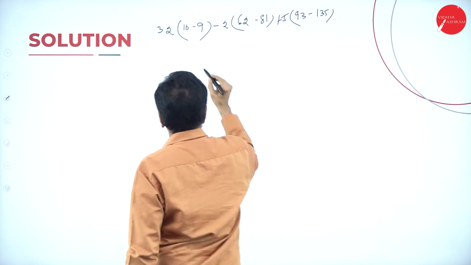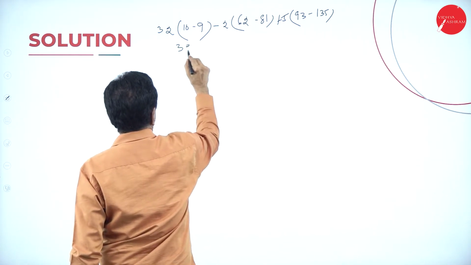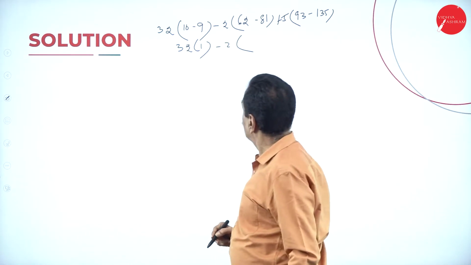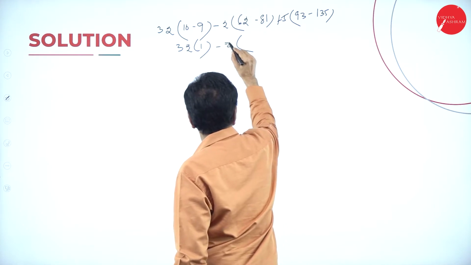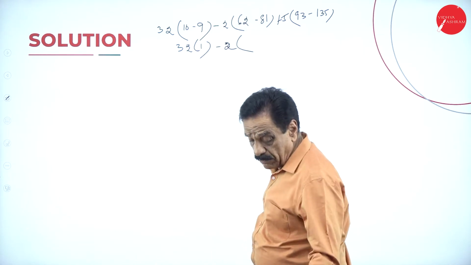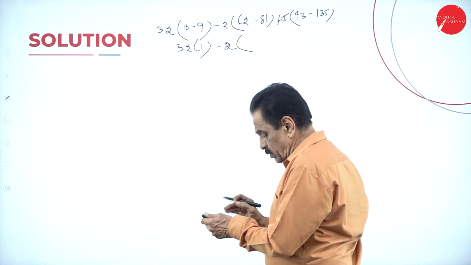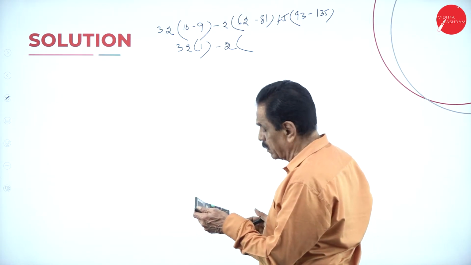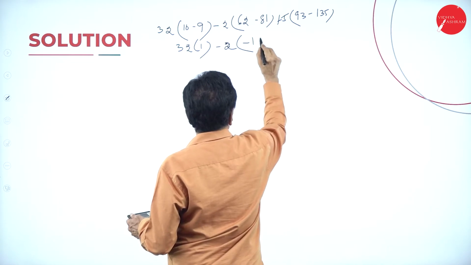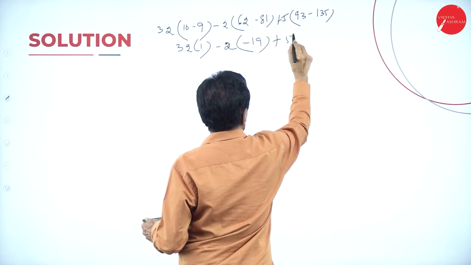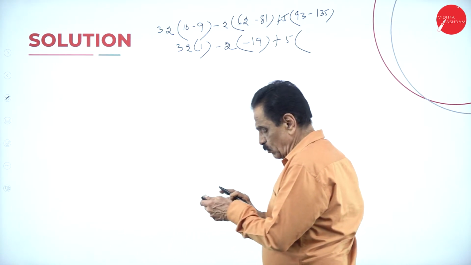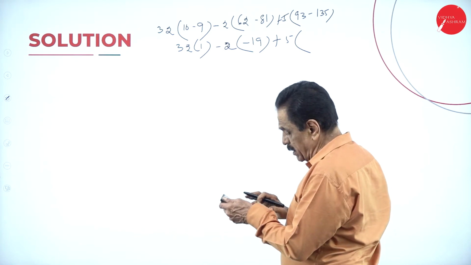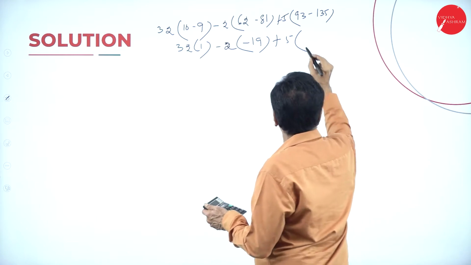Simplify. 32. This is 1 minus 2. 81 minus 62, minus 19. Plus 5 into 135. Minus 93. Minus 42.